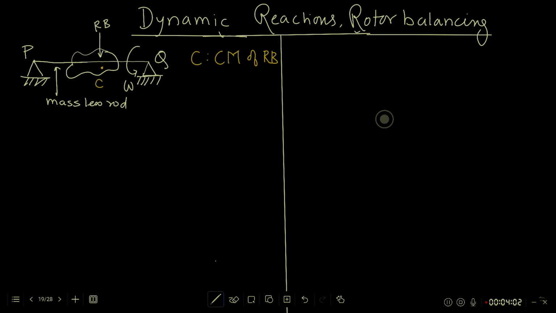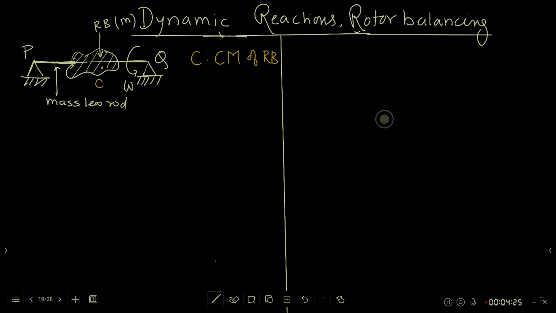Let us consider a rotor. Okay, so this is what I am calling the rotor. I have an RB of mass m and there is a massless rod welded to it, which I am highlighting right now.